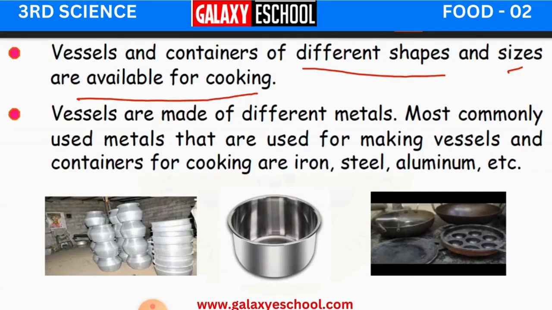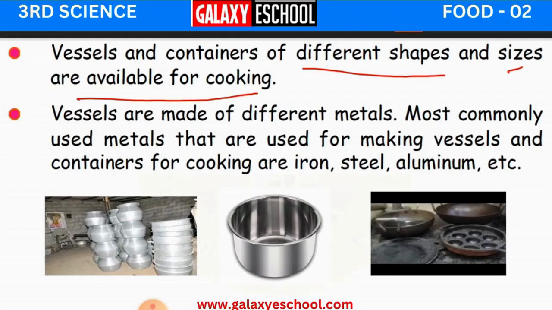We use them for cooking. You cannot just put a vegetable on the stove and cook it and eat it. We need some container or vessel where we can place our food ingredients, and then we can cook it and then we can eat it.